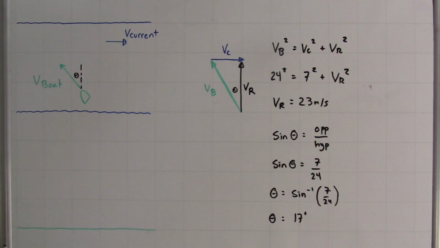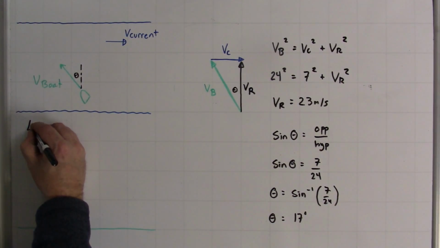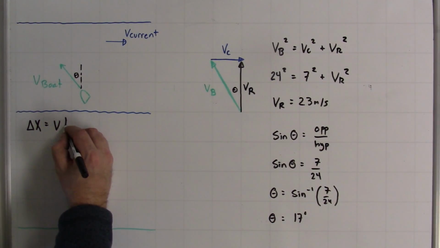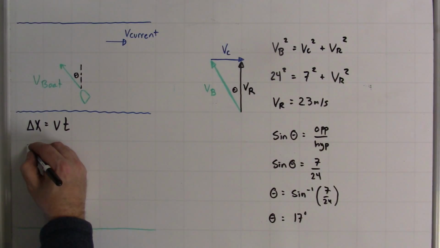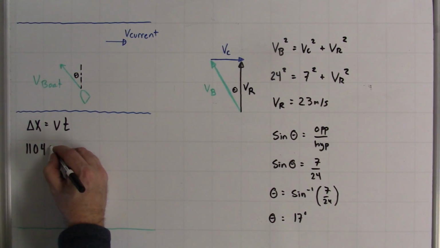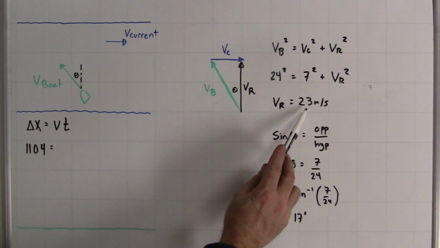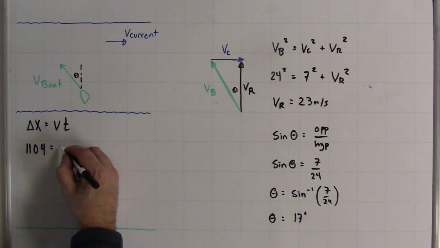That's a great question. Well, again, if I'm moving straight across, the distance in the straight across direction is equal to the speed times the time. The same distance in the straight across direction is 1104 meters. This time it's equal to the straight across speed, which we looked at a moment ago, is 23 meters per second.